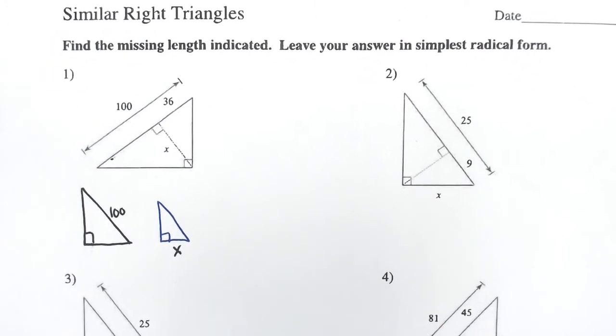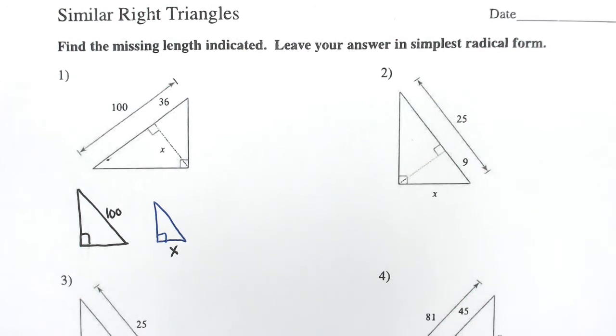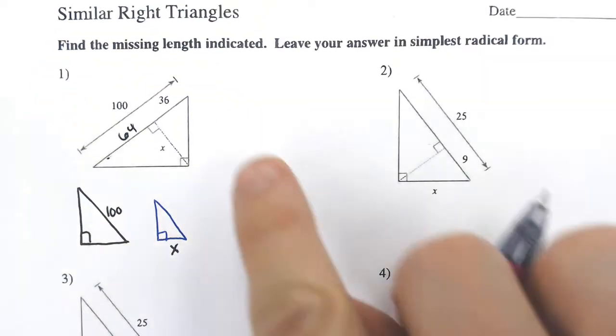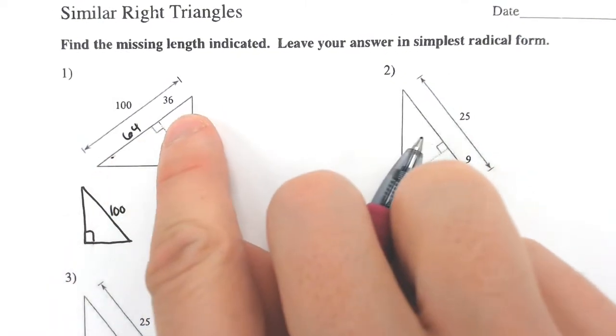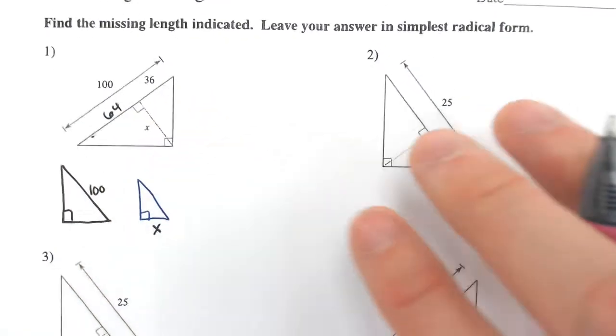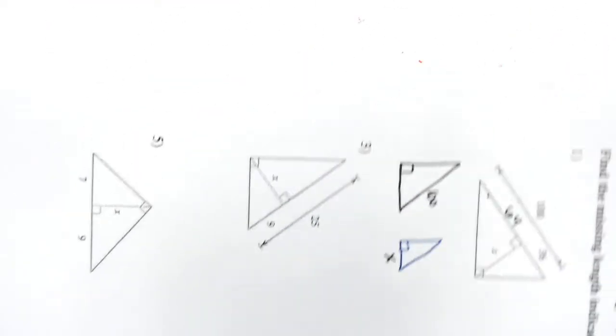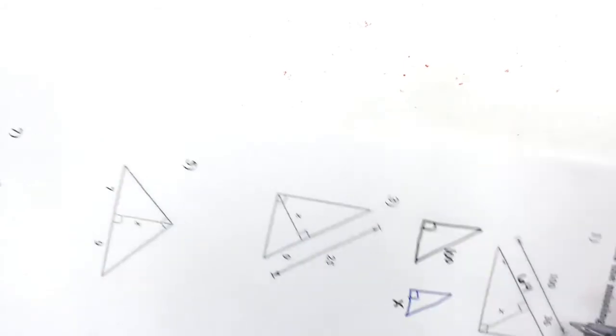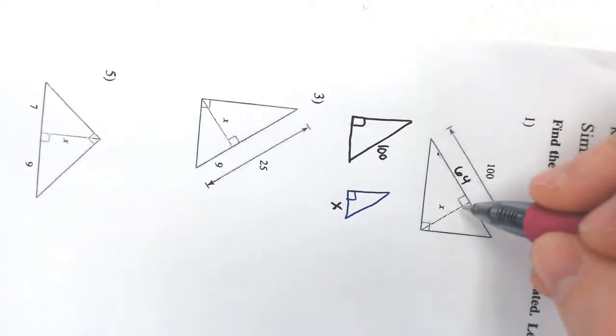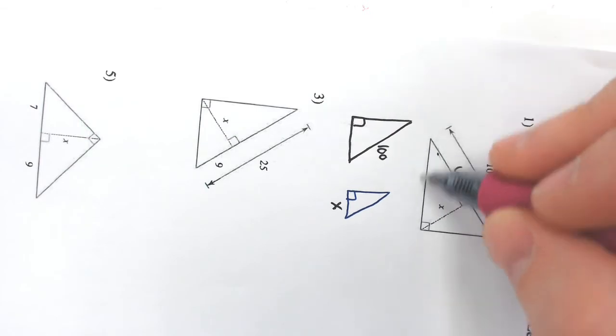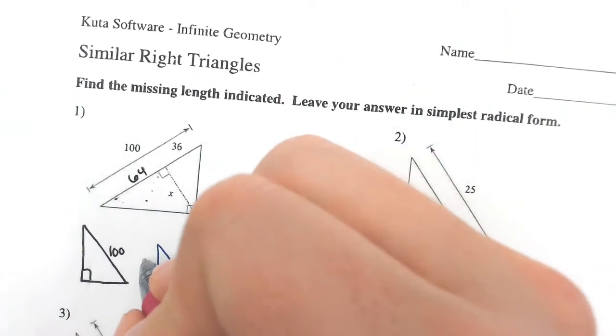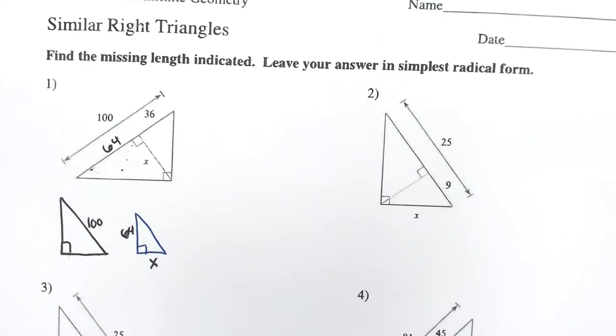But more importantly, I have some other information on that medium triangle, because if I do 100 minus 36, I get 64 as this part right here. So if I turn it again, that 64 is going to be the height of the medium triangle. The hypotenuse of the medium is over here, and we don't know what that is.